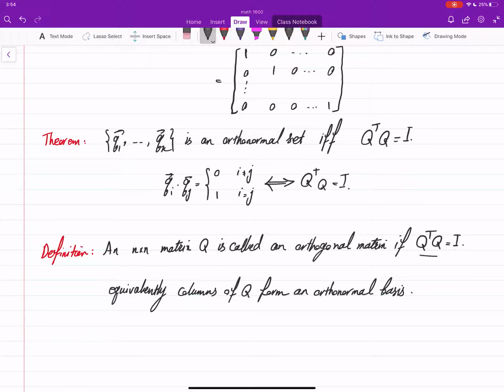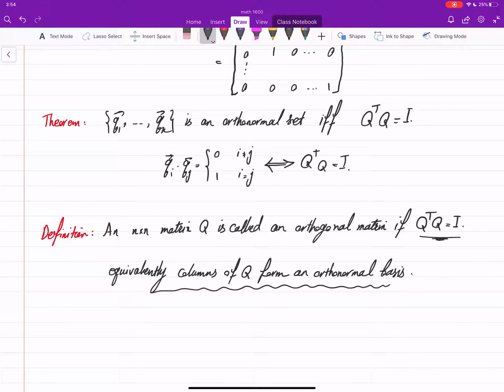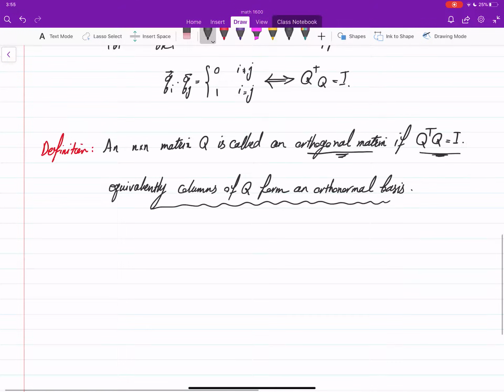This condition is easier to check because matrix multiplication is straightforward, and this is an important notion. So we turn it into a different thing, and the set of such matrices are called orthogonal matrices.